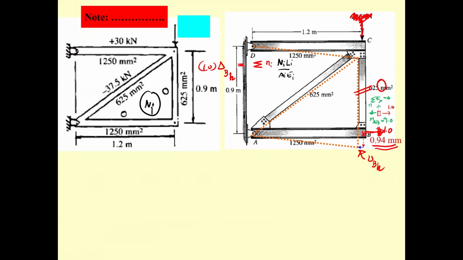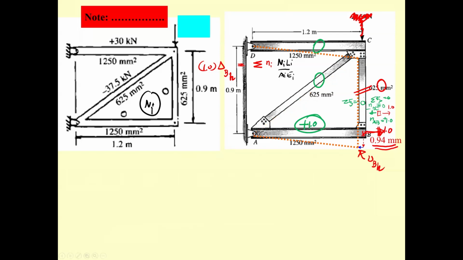N sub BC equal to 0 if you do the summation of F sub y equal to 0. And since there is no force over here, this is 0. Okay. So let me take you back over there. We have only force in this one to be 1.0.